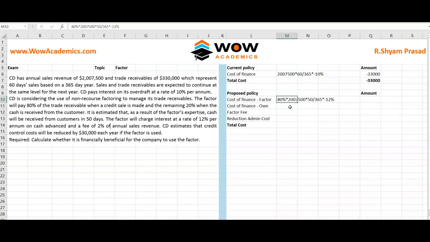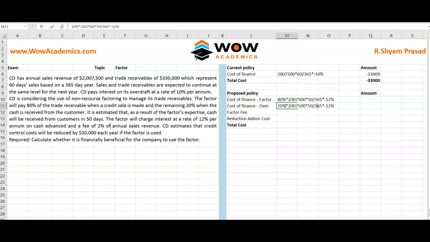The balance 20%, should we take care of it or will he take care of it? The answer is he will take care of it, because either the customer pays or doesn't pay, he will pay us this amount. But this 20% balance amount, he won't pay it immediately from his pocket. He will wait and he will pay in the 50 days time.